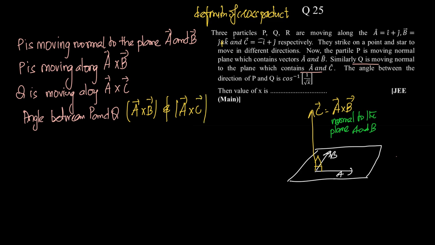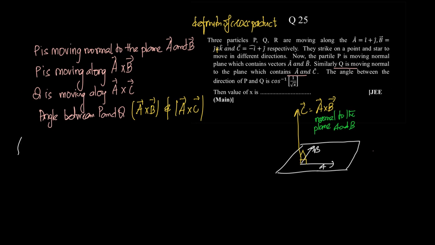All right. So let us first write down vector A cross vector B. How do you find out? It is equal to the determinant of I j k, right? What is vector A? Vector A is 1 1 0. Why? Because it is given that it is equal to I plus j. What is vector B?